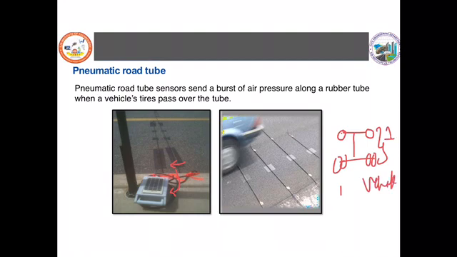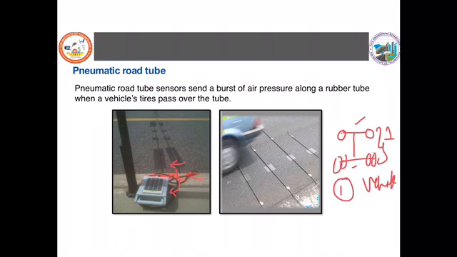The passage of the two axles, front axle and rear axle, over the pneumatic tube is recorded as one vehicle.